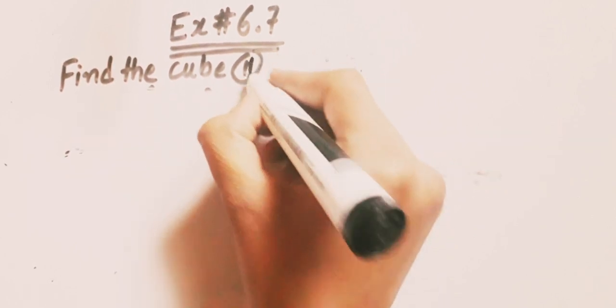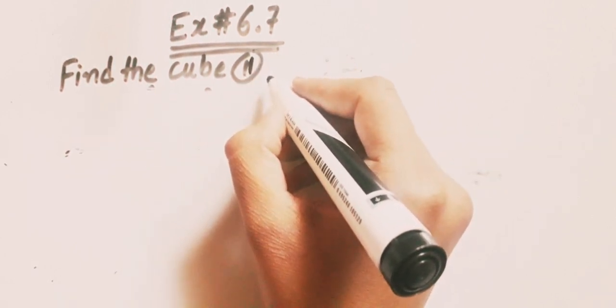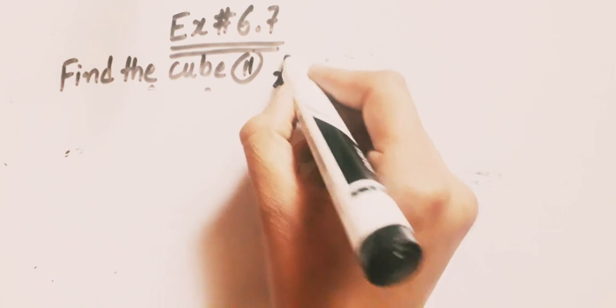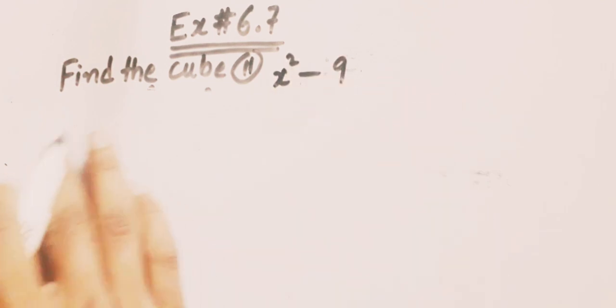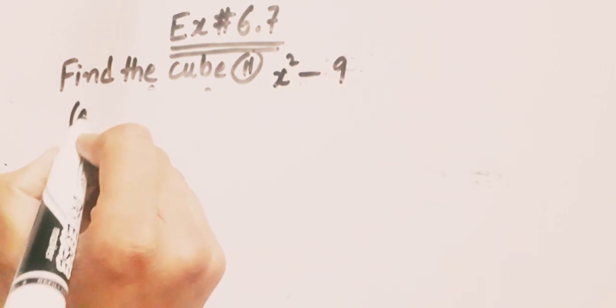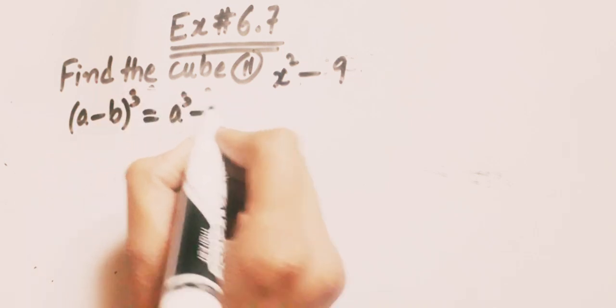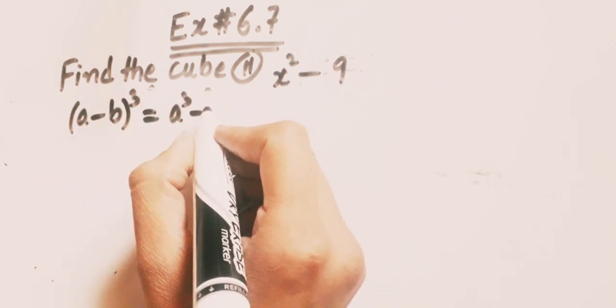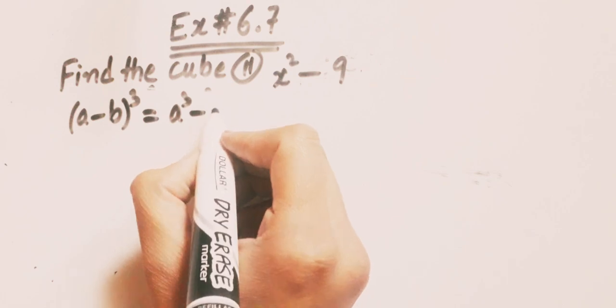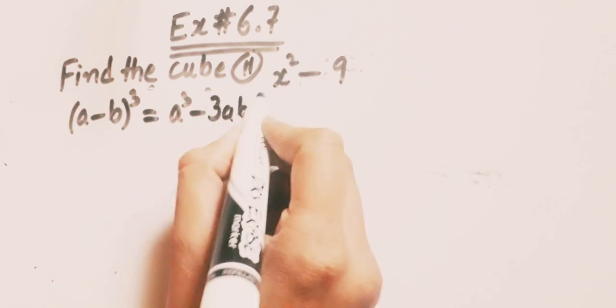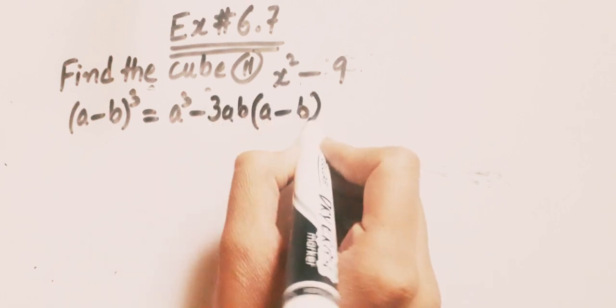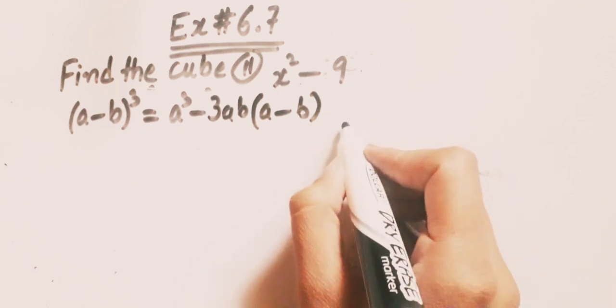Now question number 2 is (x square minus 9). Here the formula of (a minus b) whole cube is equal to a cube minus 3ab into (a minus b) cube.